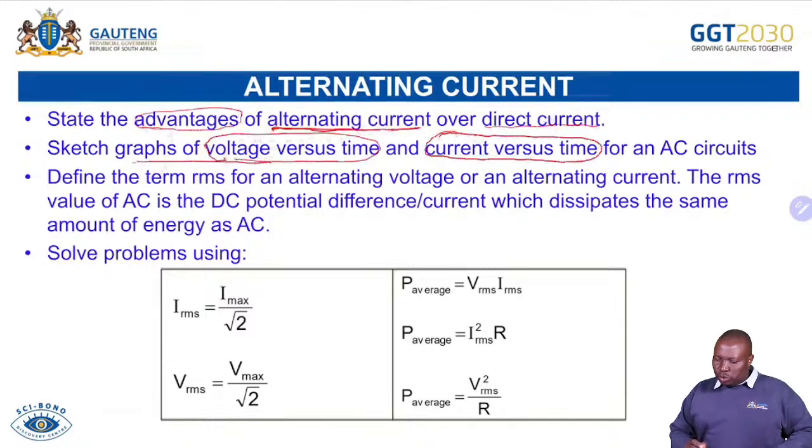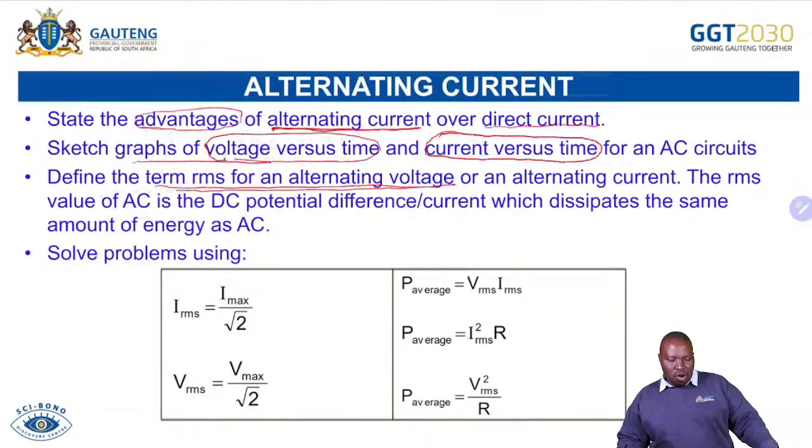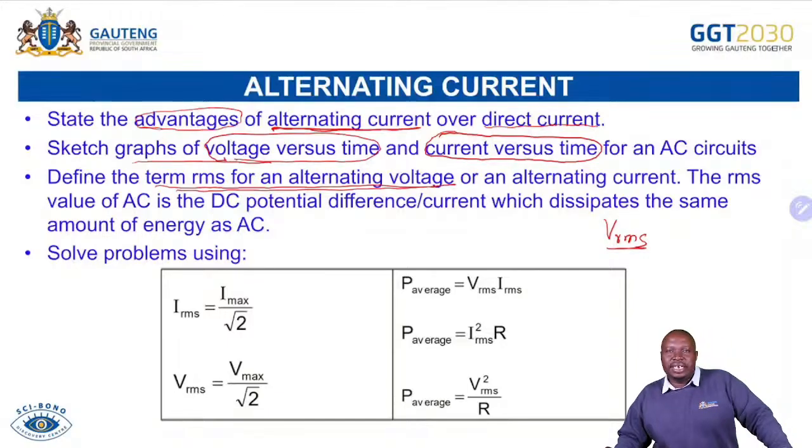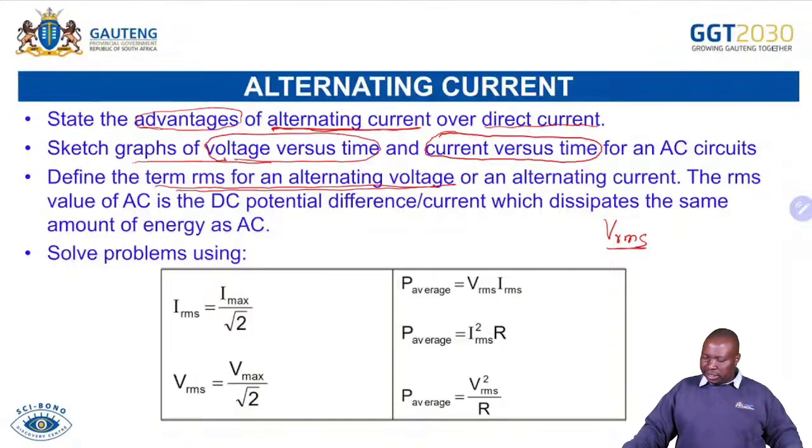And as well, we are going to define the term RMS for an alternating voltage. We refer to it as VRMS. So when you are asked to define VRMS, you are going to say the VRMS is the RMS value of AC.